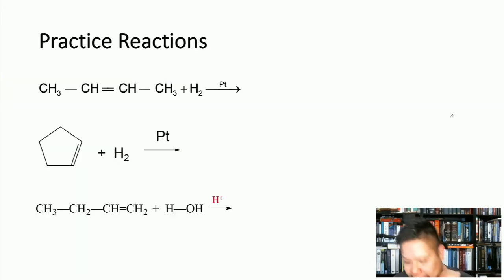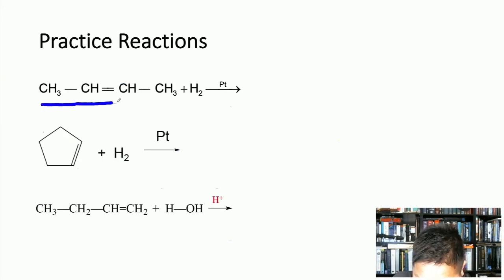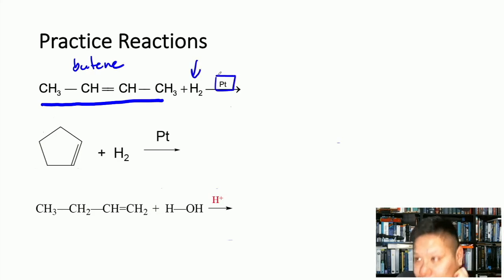So let's do some practice reactions here. I have CH3, CH, CH, CH3, which is just butene, right? And I am treating it with hydrogen gas in the presence of the catalyst platinum. What's going to be the product of this reaction?